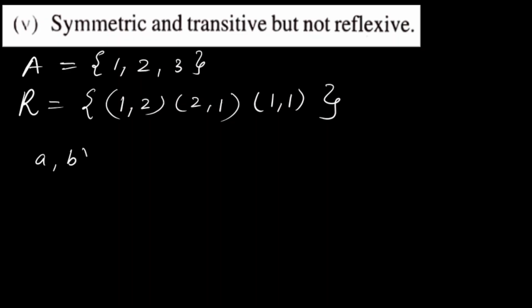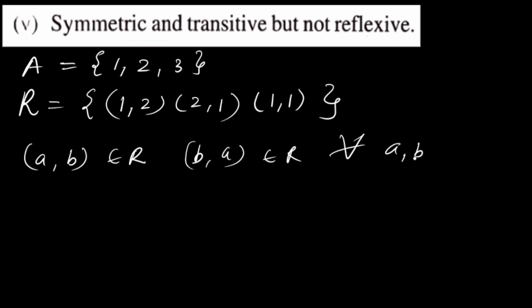For (a, b) belonging to R, here (b, a) also belongs to R for all (a, b) in this relation. So (1, 2)'s symmetric ordered pair is (2, 1), and pairs of this type, like (1, 1), are always symmetric elements of themselves. So this relation is symmetric.